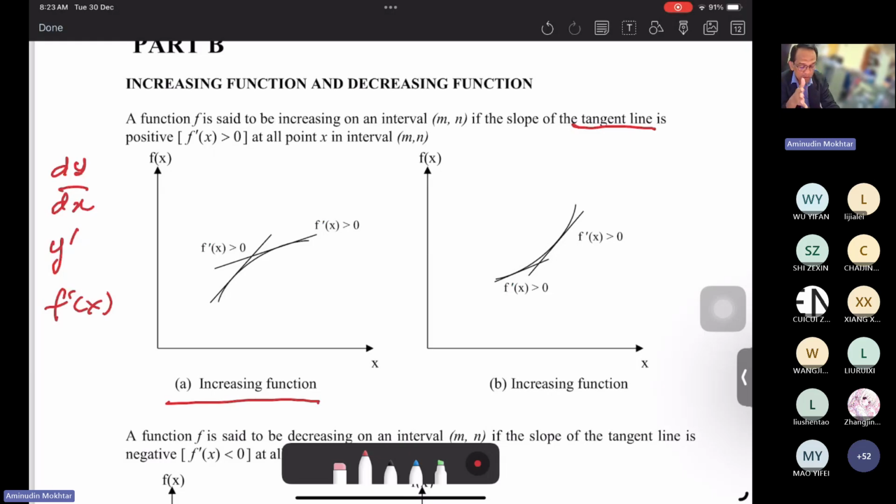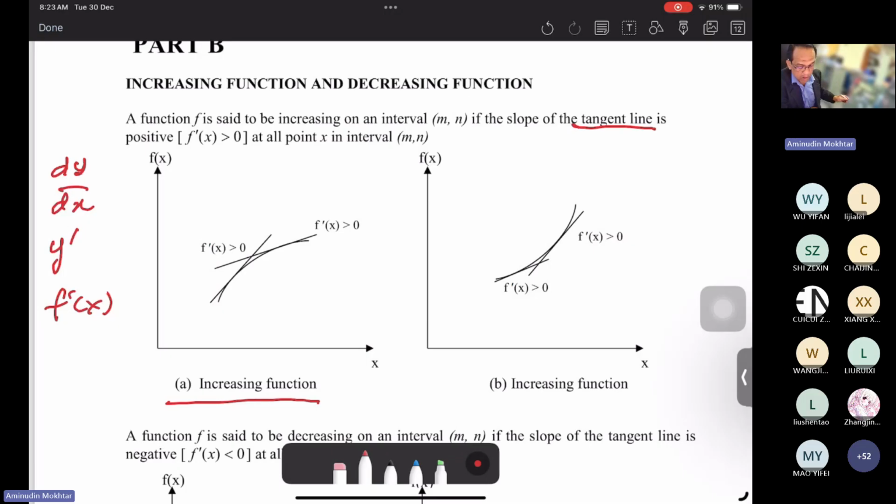The positive value of the first derivative is also related to the positive slope of the tangent line. In other words, when the slope is positive, that refers to the situation where the function is increasing.